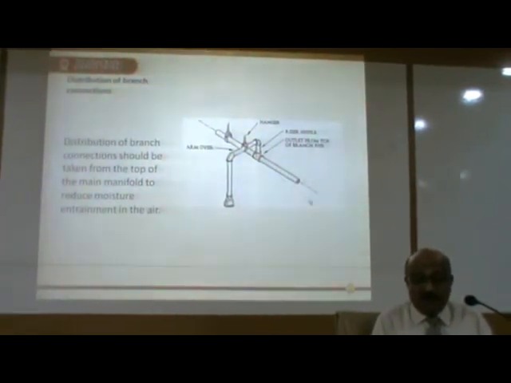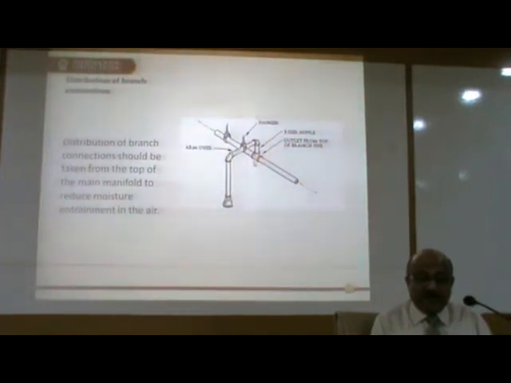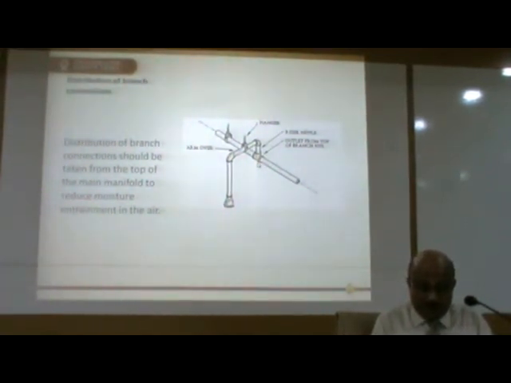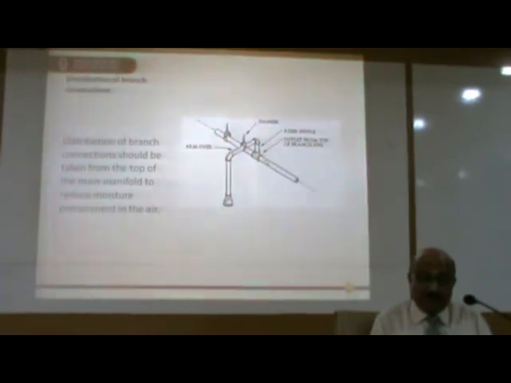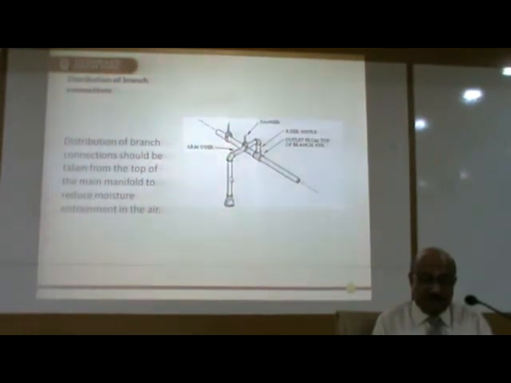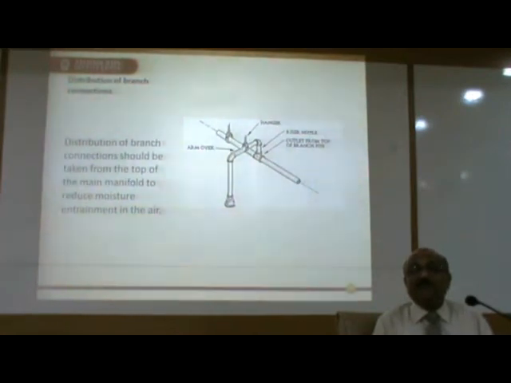So in the main manifold, when the main compressed air is coming from the compressor room and we are using it through the branch, instead of taking this branch from the bottom of the manifold, it should be from the top of the manifold. So whatever water contaminants and moisture there are will settle in the main manifold, and in the branch pipe the dry air will come. So these are small decisions or small corrective actions when we are doing the piping, but they create a significant improvement and significant change.